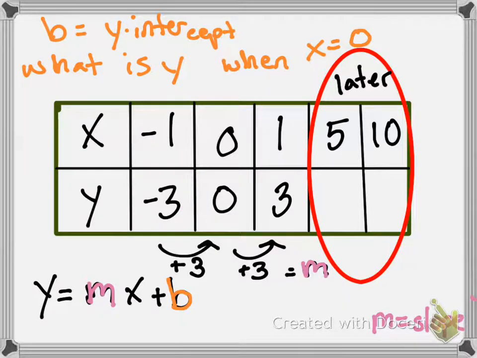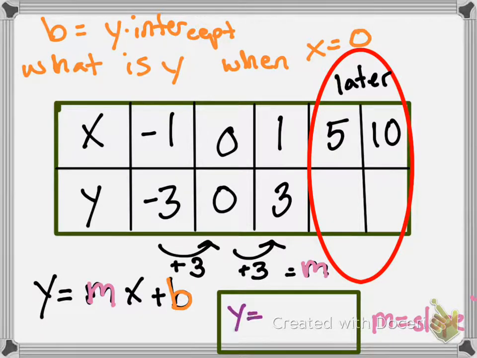So then what would our beautiful formula look like? What would our beautiful equation that we would write look like? We always know that it starts with a y equals. We're going to have something x. So let's see. I want to call on a new hand, but I have Hannah. Y equals 3x.